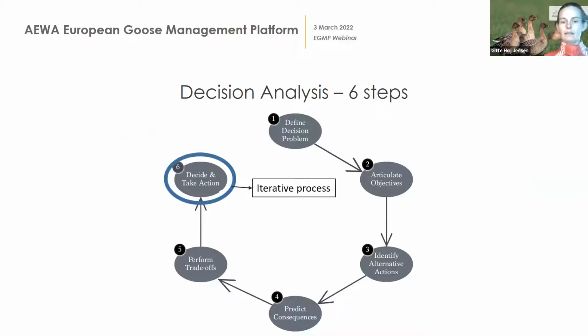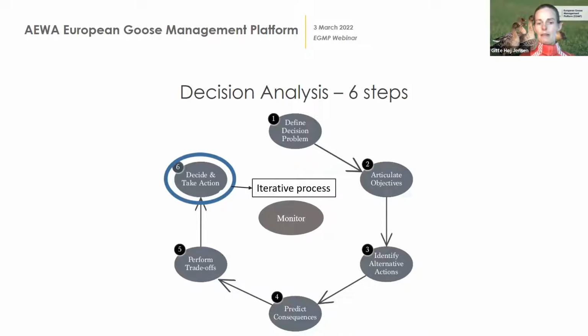On the other hand, it can also be multiple decisions, like an iterative process where we revisit our actions and take new decisions each year. This we have for the example with geese, we monitor the population size, we do our predictions and make some recommendation in terms of hunting quota settings, for example, for the pink-footed geese.